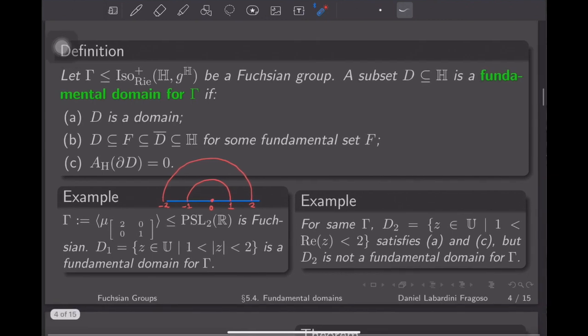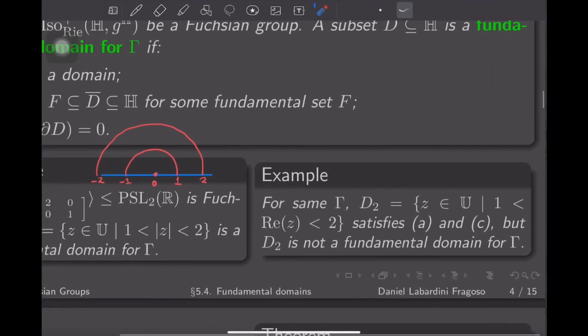And then a non-example. So for that same gamma, now let me draw another. So again, here what I take is real part between 1 and 2. So here is 0, let's say 1, and let's say 2.